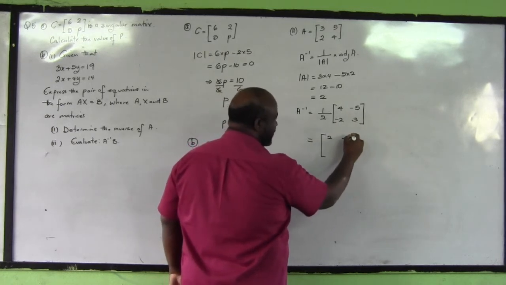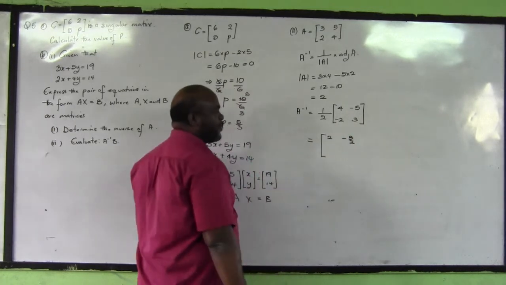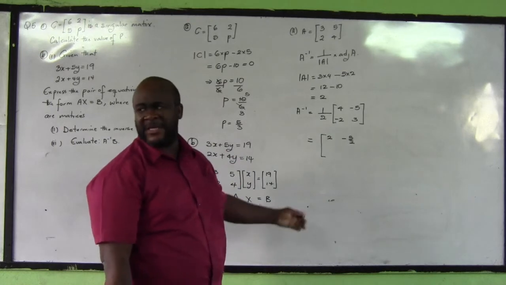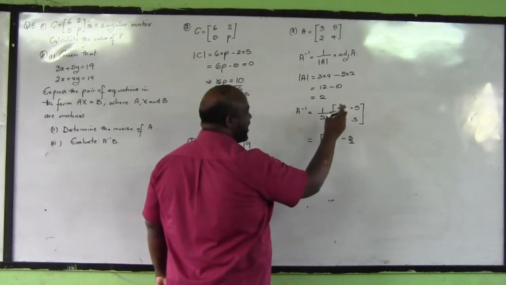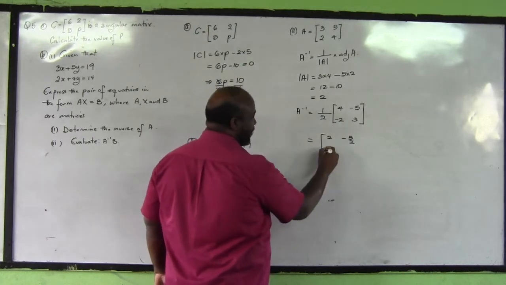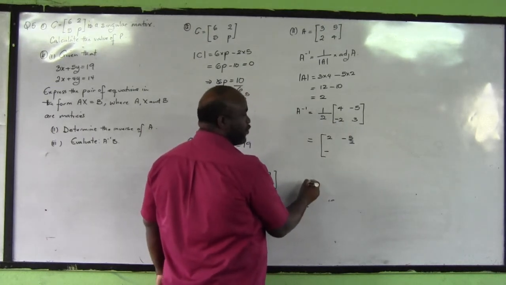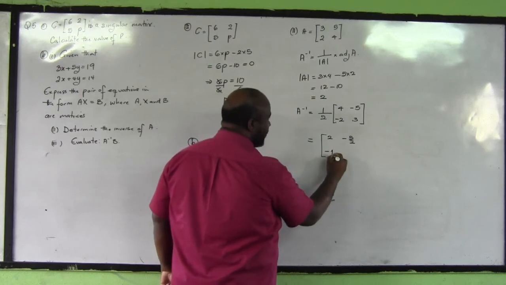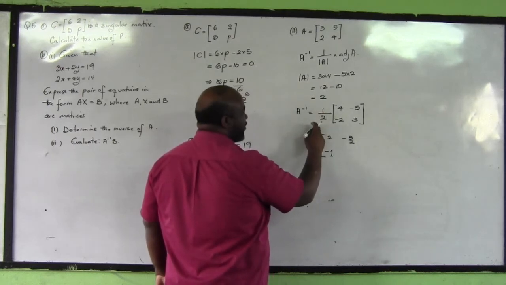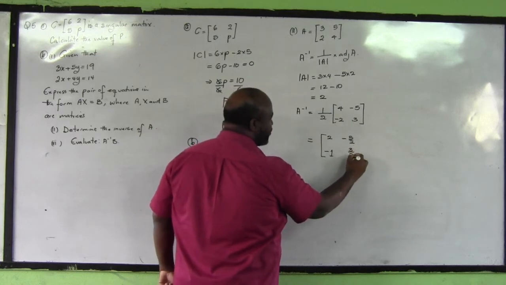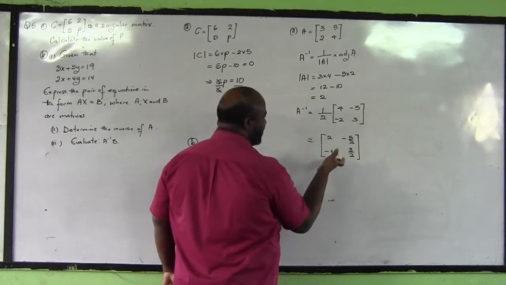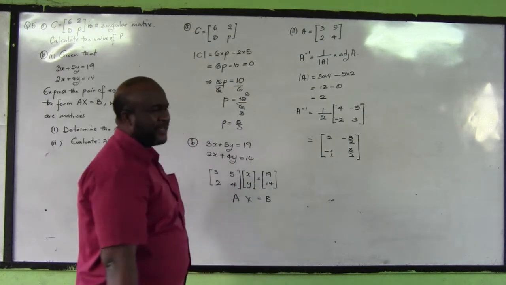Negative. This is minus 5 over 2. Multiplied by a half is the same as divided by 2. A positive times a negative is negative. What is a half of 2? 1. A half times 3 is 3 over 2. Ladies and gentlemen, this is A inverse.